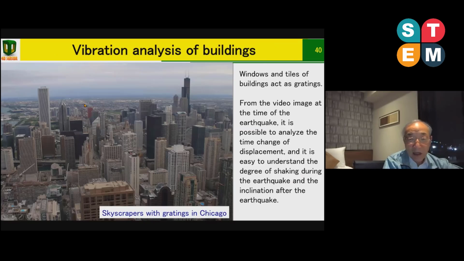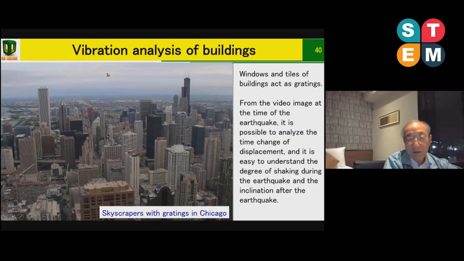Now, this is a building in Chicago. If we measure the vibration of a building, we must put the grating on the building. But the building already has a grating. This is a window or tile which has a grating in it.